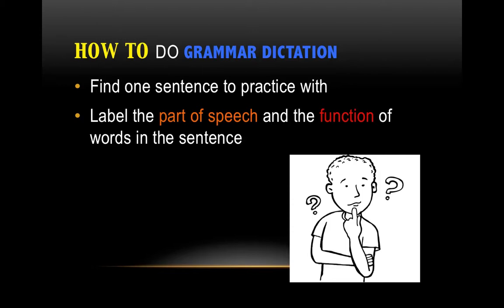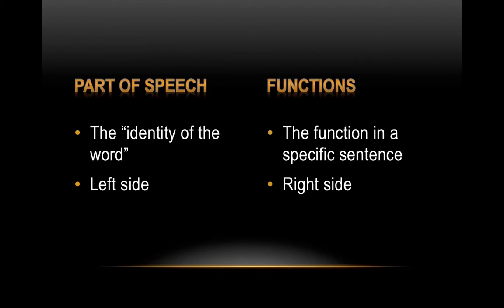It depends on yourself. And then after you find a sentence, you just label the part of speech and the function of each word in the sentence. As you can see, grammar dictation is a really easy practice. You only require two steps.